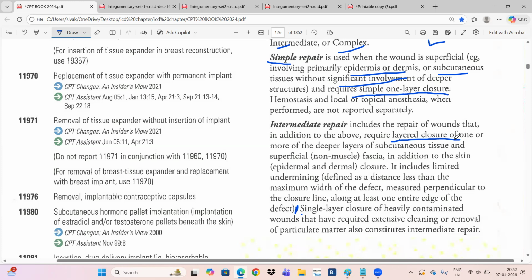So please read the simple repair and intermediate repair guidelines once. Clear?